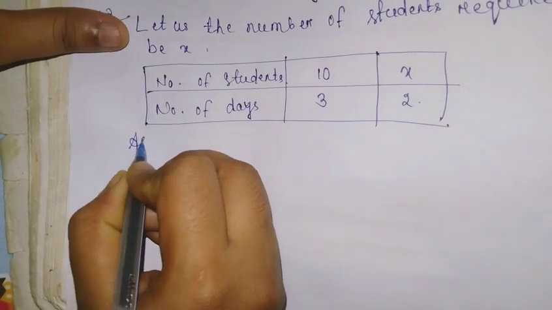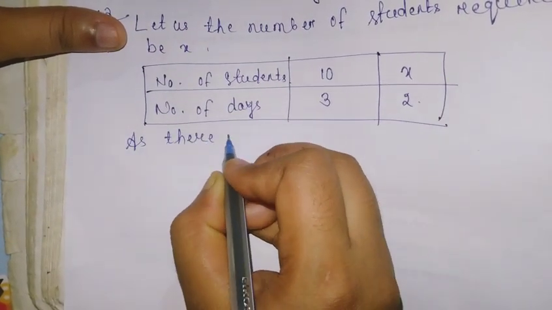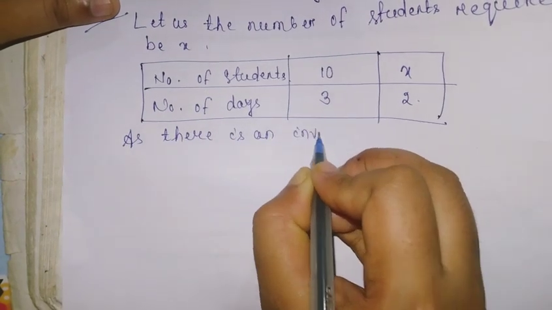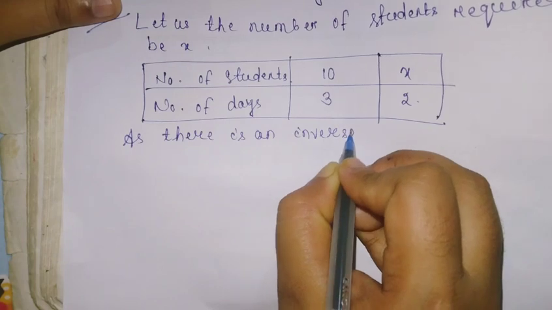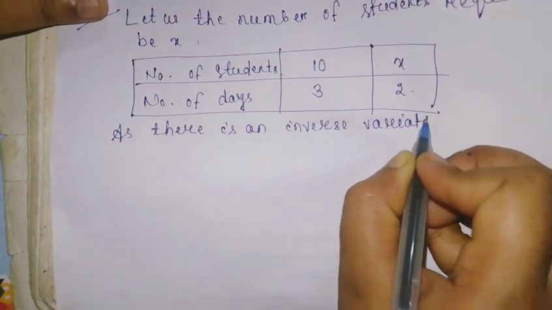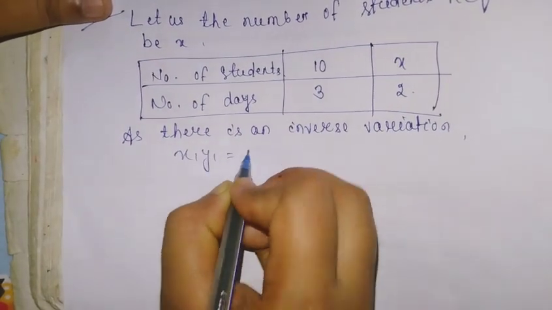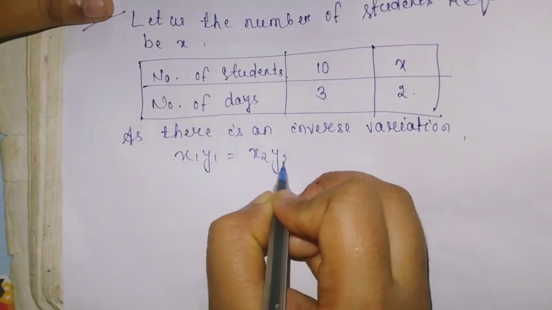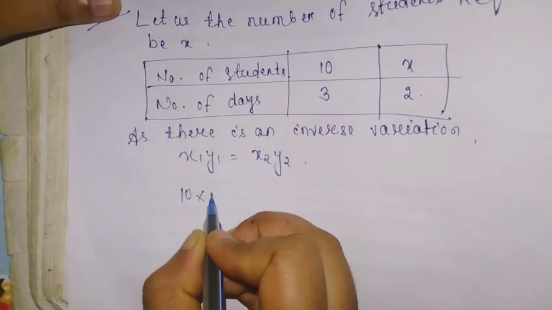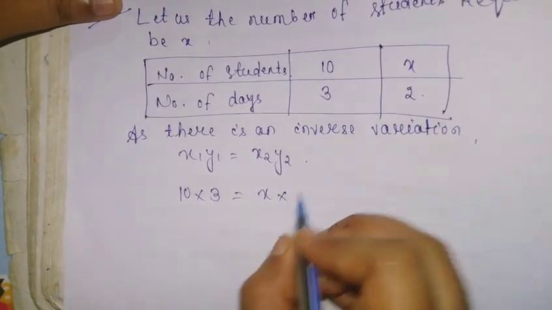As there is an inverse variation, x1 into y1 equals x2 into y2. Here x1 is 10 into y1 is 3. Then x2 is x into y2 is 2.